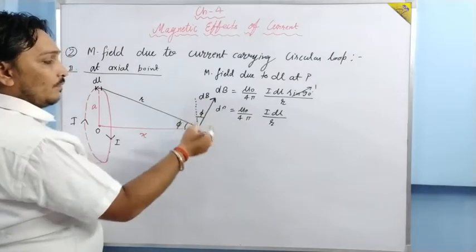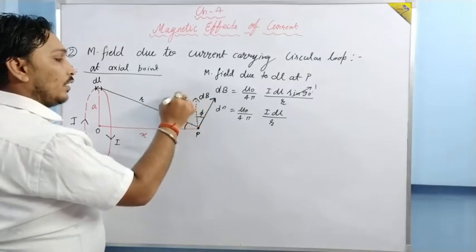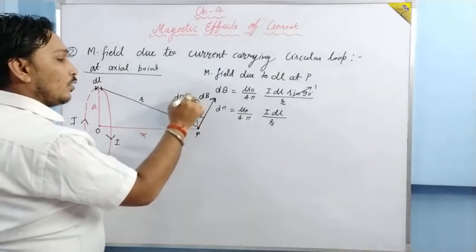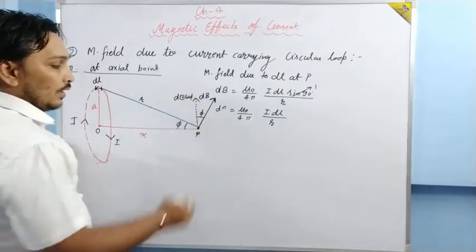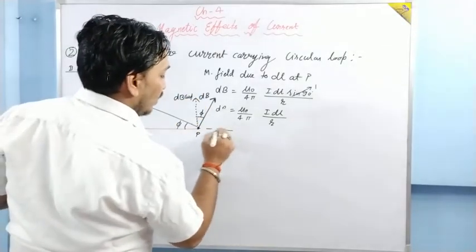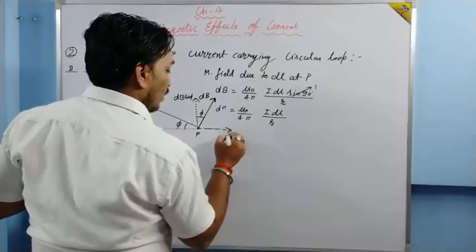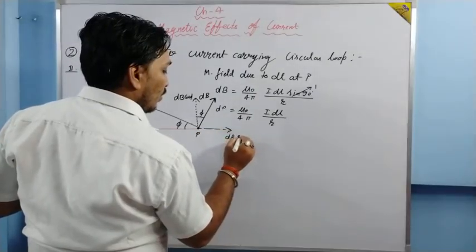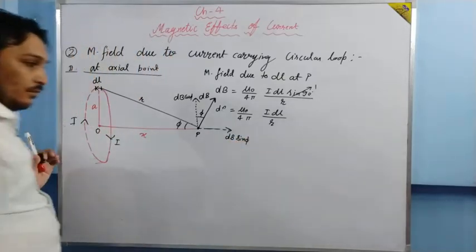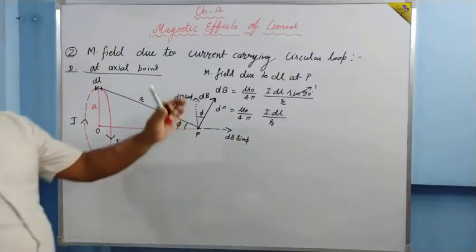For dB, we have a component this side, which will be dB cos phi, and we have a component this side which will be dB sin phi. Okay, dB cos phi upward.